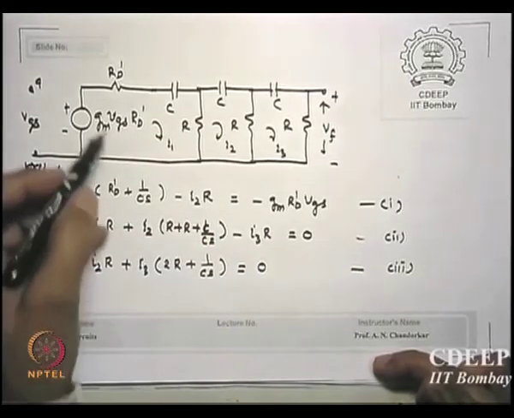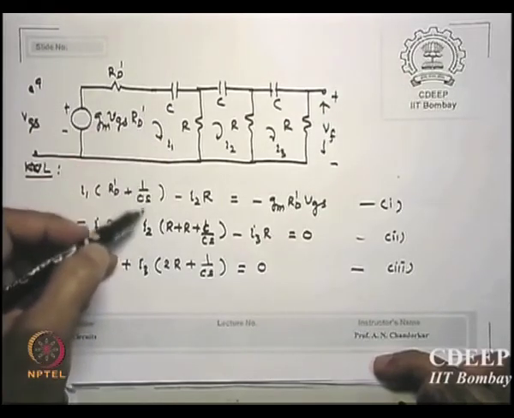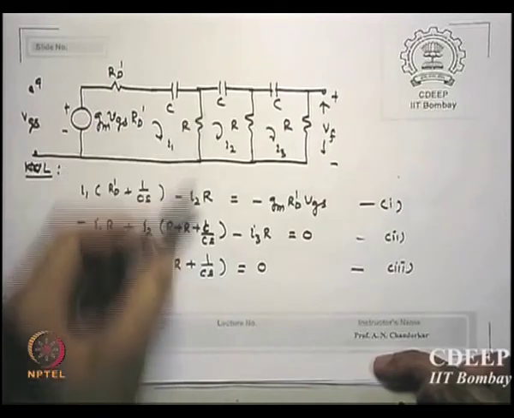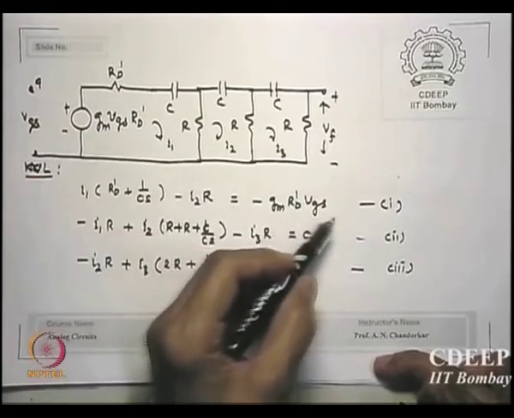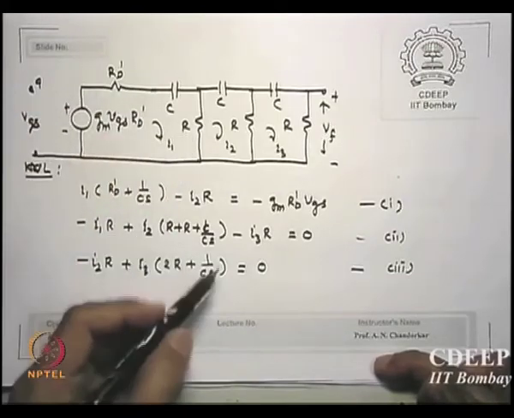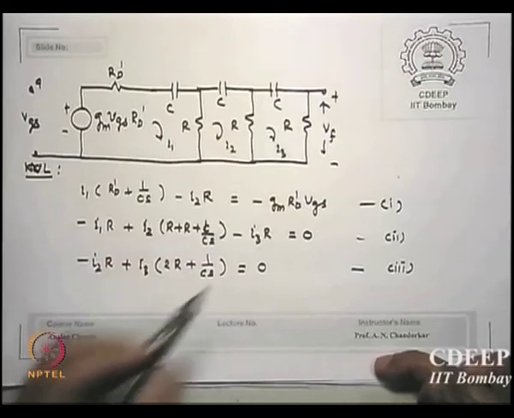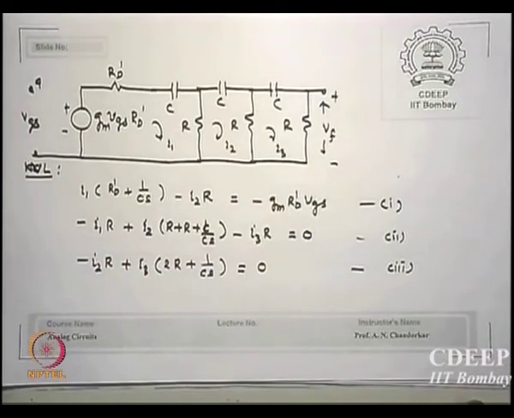For this, I1 times RD dash plus 1 upon CS, minus I2 R, is minus gm RD dash VGS. This is first for this loop, then for the second loop this equation, then for the third loop this equation. Is that okay?